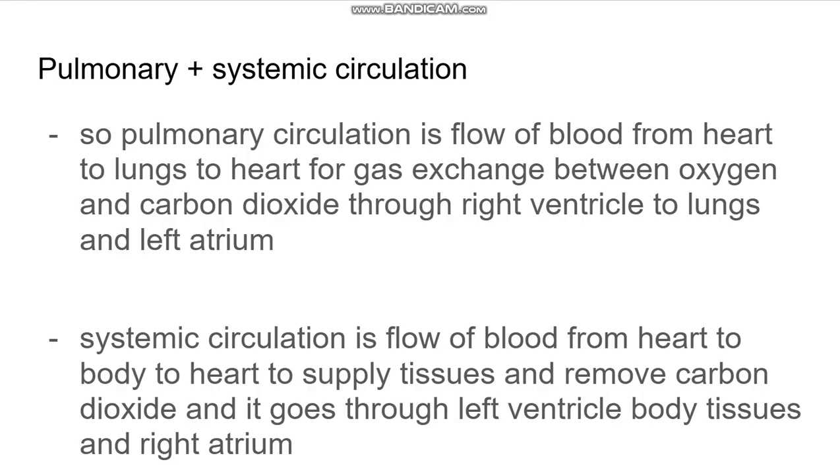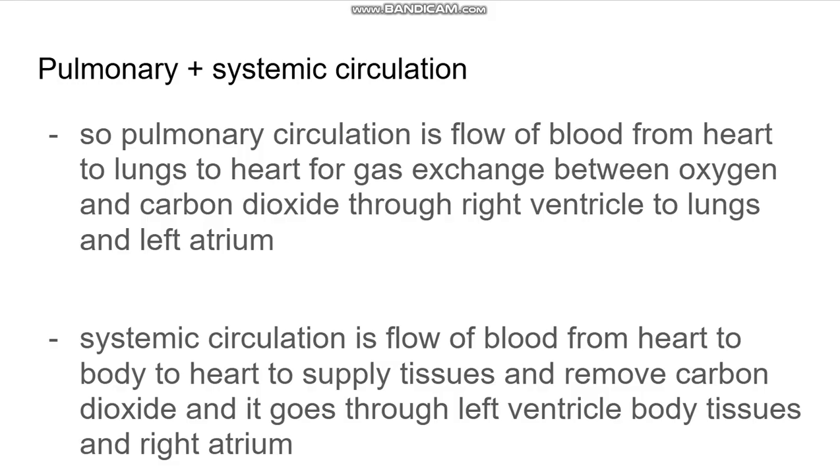And it's to supply body tissues and to remove carbon dioxide. So basically, in summary, your pulmonary circulation is blood flowing from the heart to lungs to heart, doing gas exchange between carbon dioxide and oxygen, through right ventricle to lungs to then left atrium.